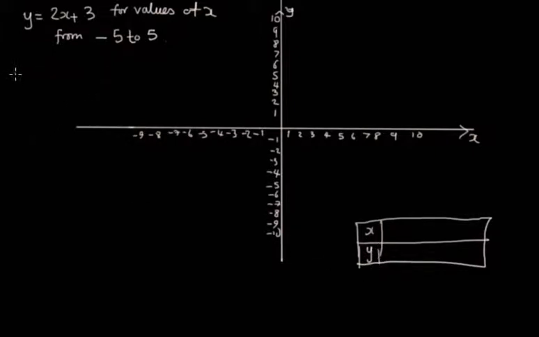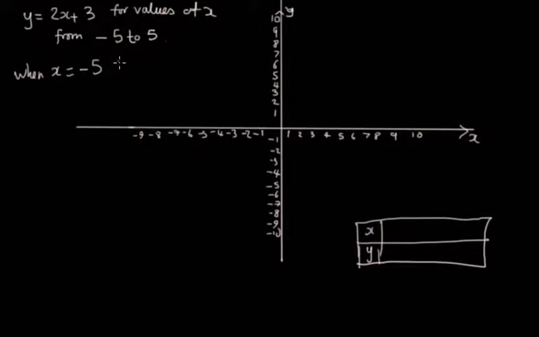So when x is equal to -5, since it wants us to go from -5 to 5, we're going to think of the values of y when x is -5 and when x is 5.